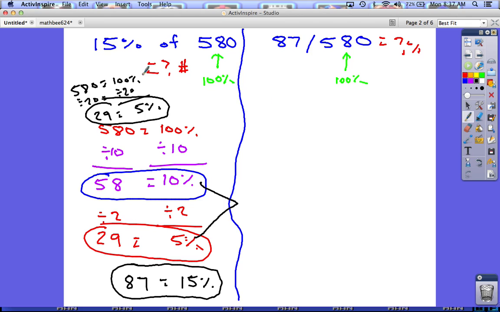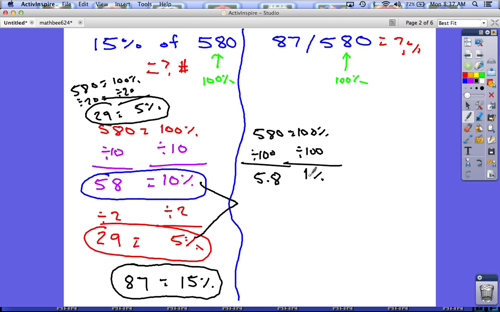You could also go down to what 1% is. This might throw some people off with some decimal use, but it really shouldn't. Let's say I had 580 equals 100%. Let's say I want to divide by 100 to get down to 1%. 100 divided by 100 is 1, so that's 1%. So now I have to divide this by 100. 580 divided by 100 is 5.8.